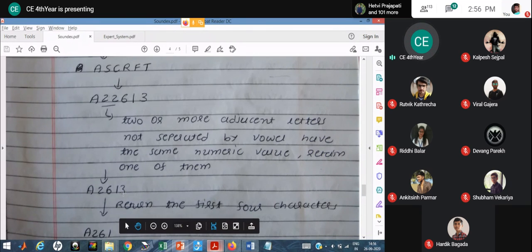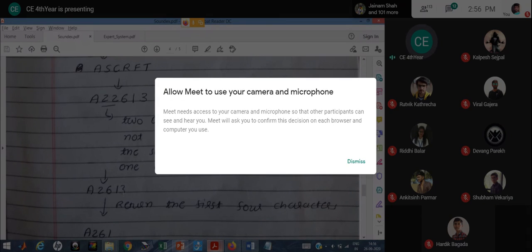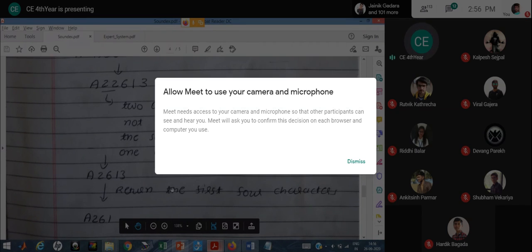But all of you know that in the Soundex algorithm, the code returns the first 4 characters. So here how many characters are there? 5 characters are there. So it will return the first 4 characters, and that's why the Soundex code for Ashcraft is A261.